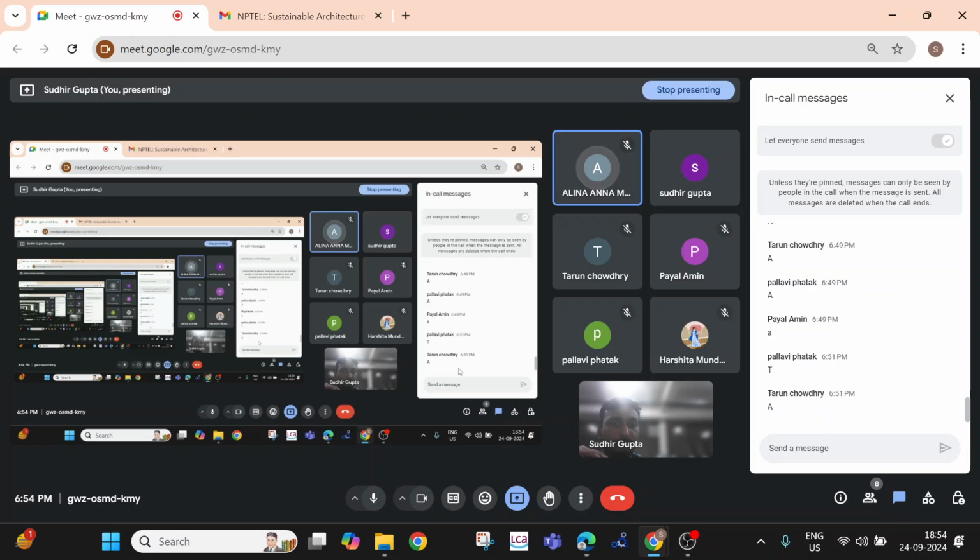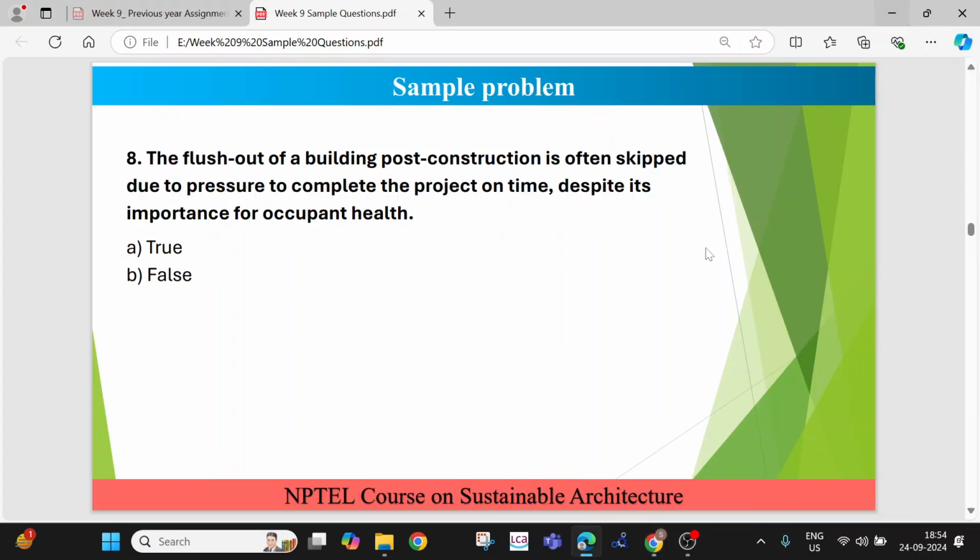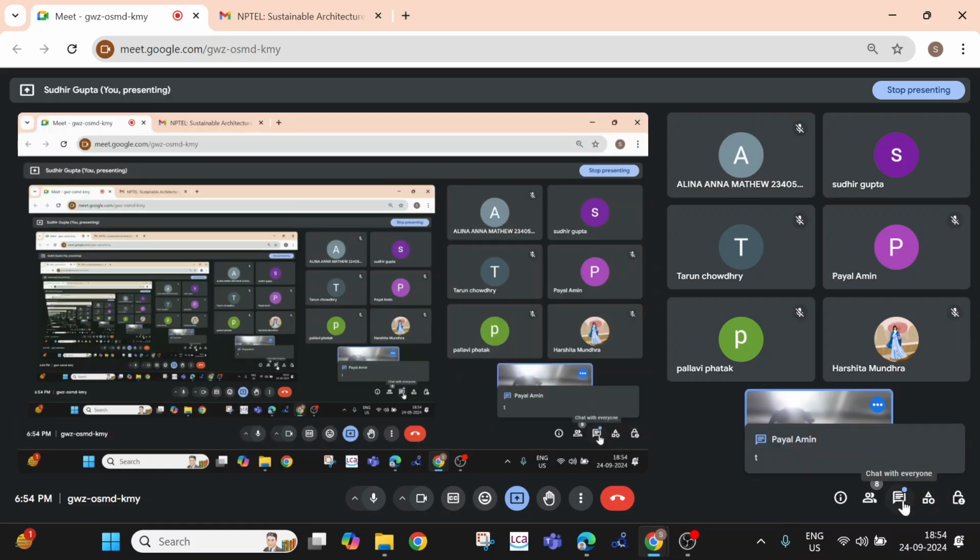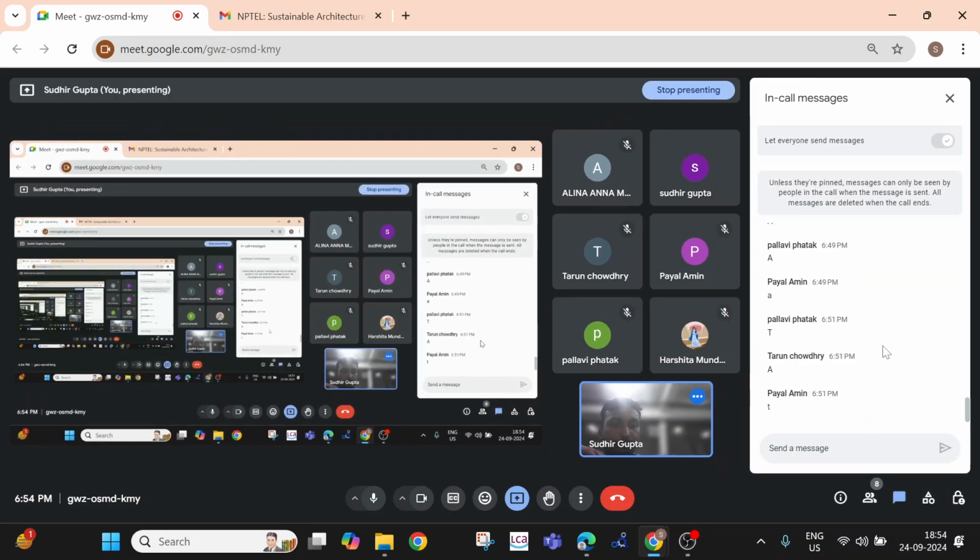Yeah. So here is the question. The flush out of the building post construction is often skipped due to the pressure to complete the project on time, despite its importance for occupant health.